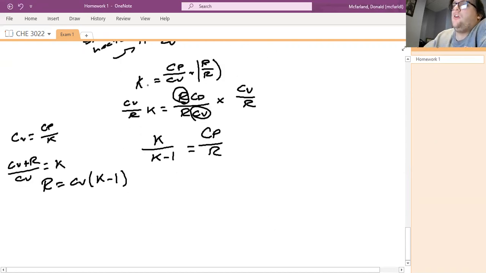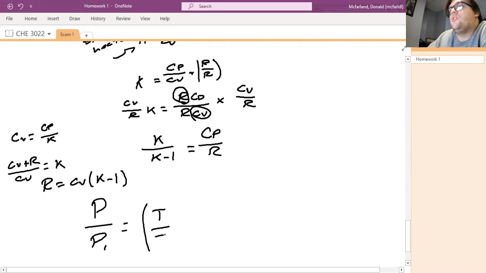So our important equation of the day is going to be pressure over initial pressure is equal to temperature over initial temperature, all raised to K over K minus 1.